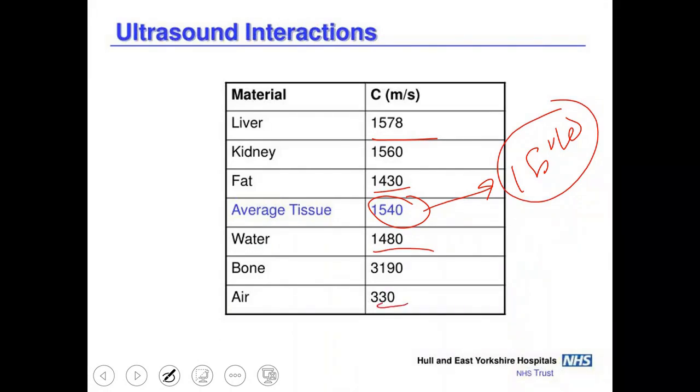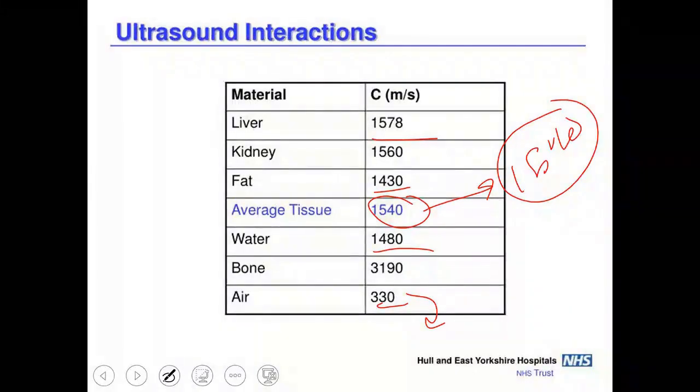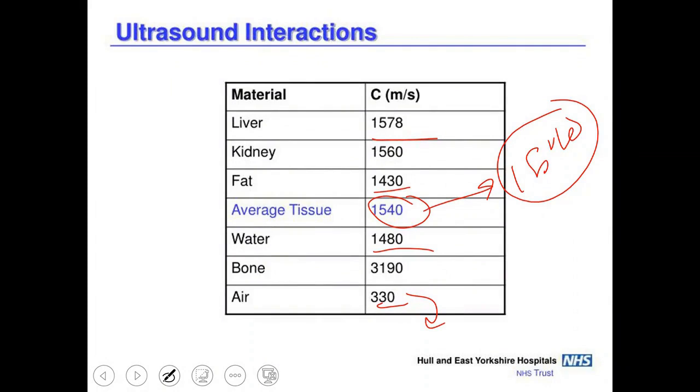Water is 1,480, bone is around 3,480, and air is 330 meters per second, which is the lowest because it is the most compressible material. Thus, the energy transfer will be weak, and consequently, the speed will be as low as possible.